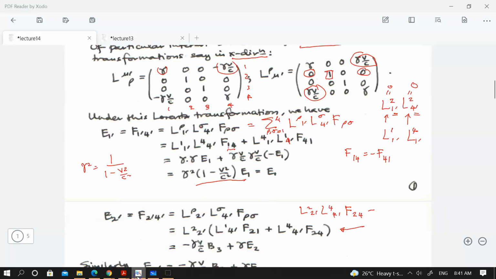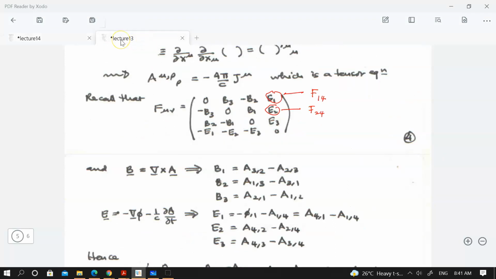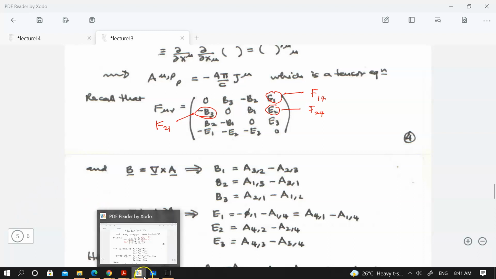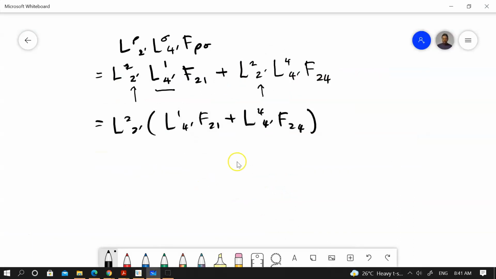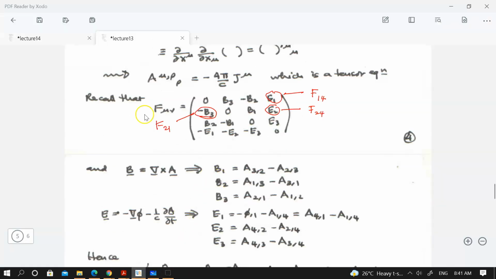So let's go back to that matrix earlier. F21, F24. So F21 would be this one. This is F21. And F24 is this one. Okay. So what we have in this particular case, sorry, I'm supposed to go back to this one.